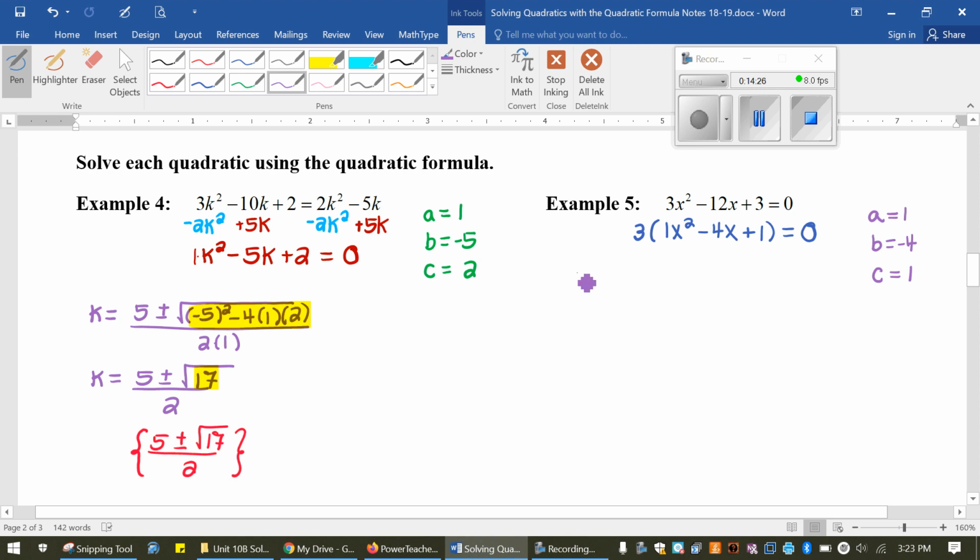So x equals, the opposite of -4 would be a +4, plus or minus the square root of -4 squared minus 4 times 1 times 1, all over 2 times 1.